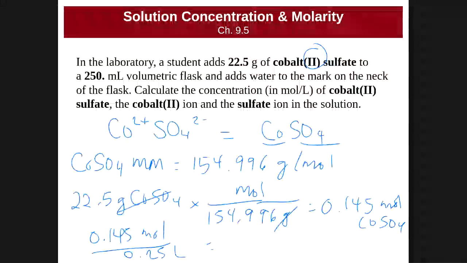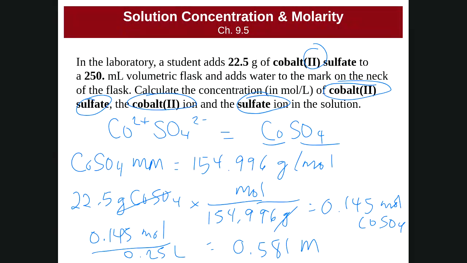So our concentration is 0.581 molar for the sulfate ion, the cobalt ion, and cobalt sulfate, because we have the same number of ions for both ions in our compound.